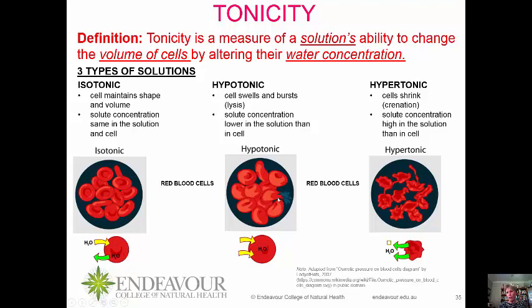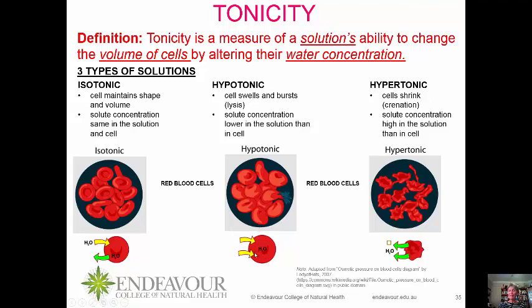In a hypotonic solution, if those red blood cells are floating in a hypotonic solution, the cell swells and it bursts, and that's called lysis. In that case, the solute concentration is lower in the solution than in the cell, so more water will move into the cell than out of the cell.